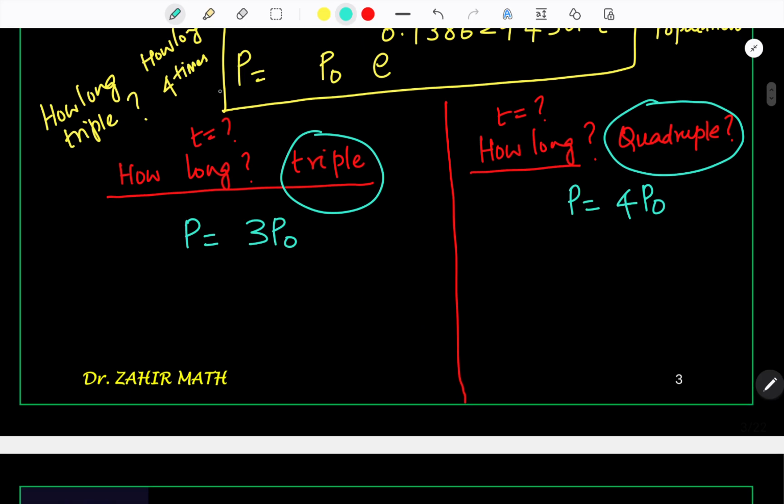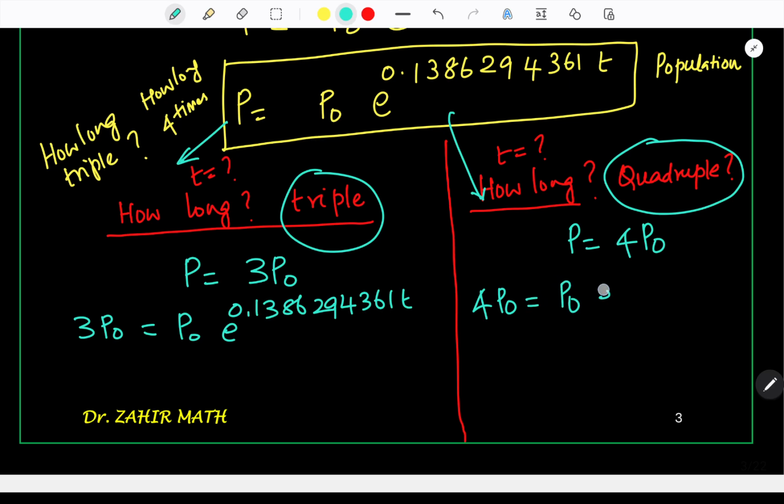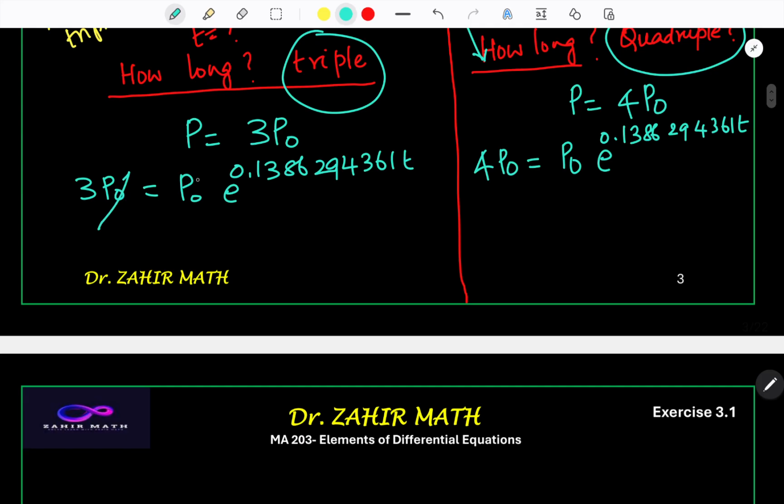So 3 times P naught is equal to P naught e power 0.138629436 T, and 4 times P naught is equal to P naught e power 0.138629436 T. P naught gets cancelled.